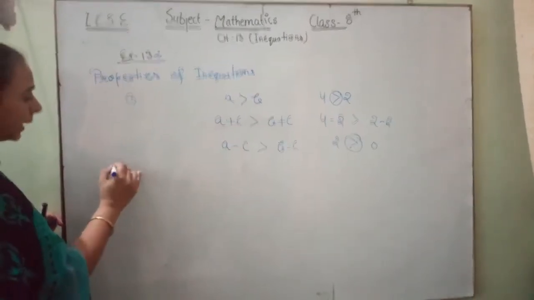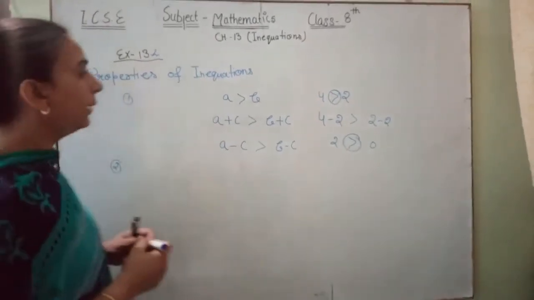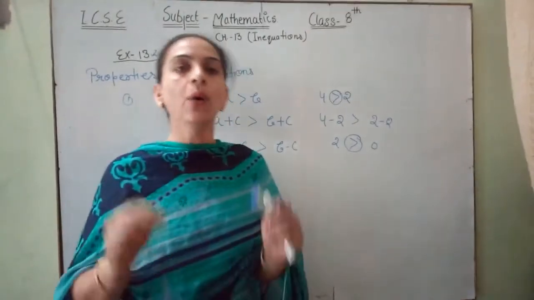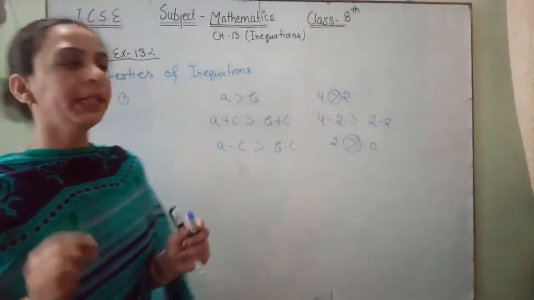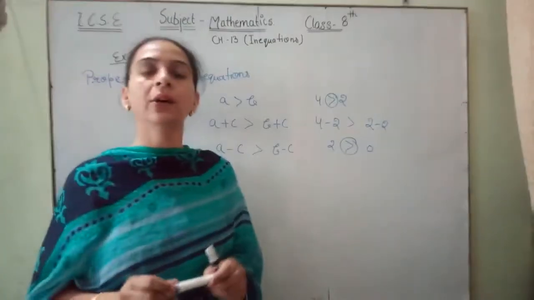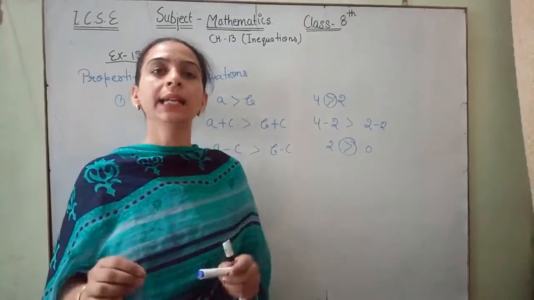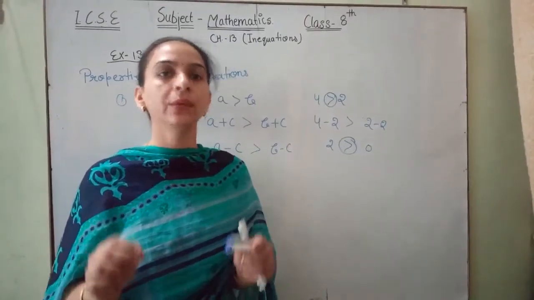Property number two: if we multiply or divide both sides of an inequation by the same positive number, then the sign of inequality does not change.